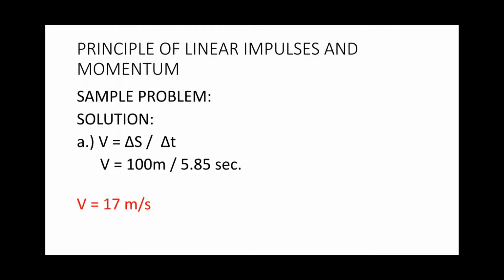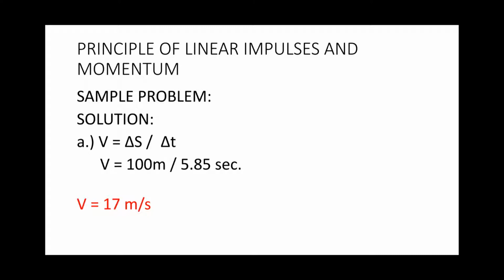For question letter A, we need to find the speed of the grizzly bear using Mr. Treadwell's 100-meter statement. First, we need to find what is given. The givens are the distance and time.